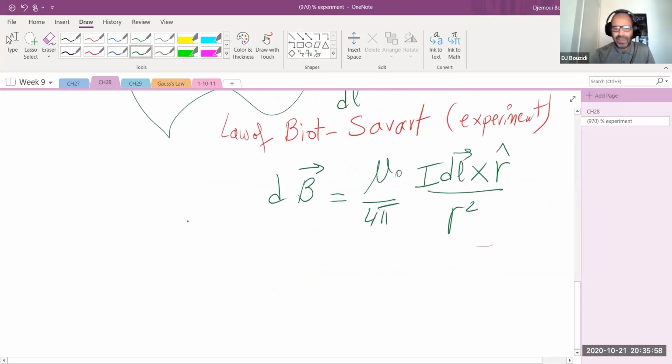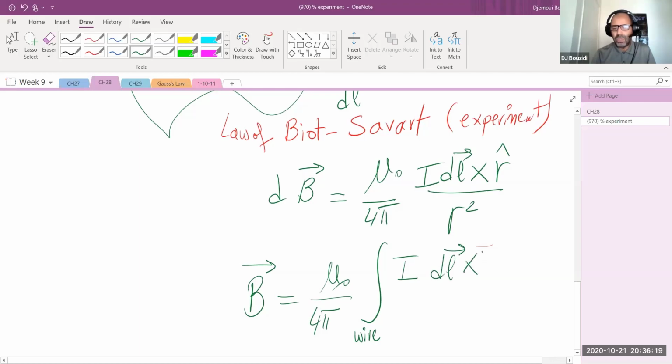So the actual magnetic field, to be truthful to this expression, is mu naught over 4 pi, in vacuum. If it's not in vacuum, you have to have a different mu. The integral through the wire of I dl, and I has potential to change actually, but for right now, we're going to assume it's constant. dl is a vector crossed with r hat and divided by r squared.